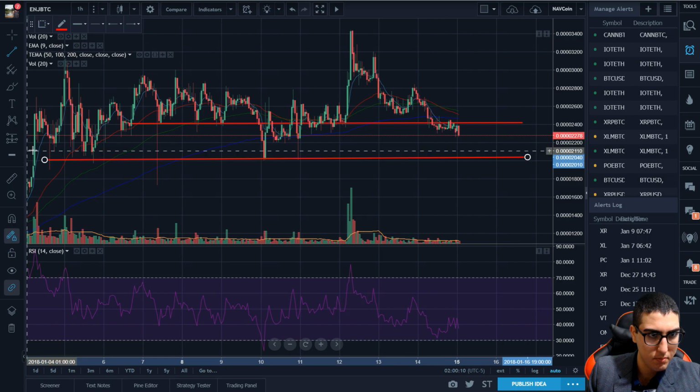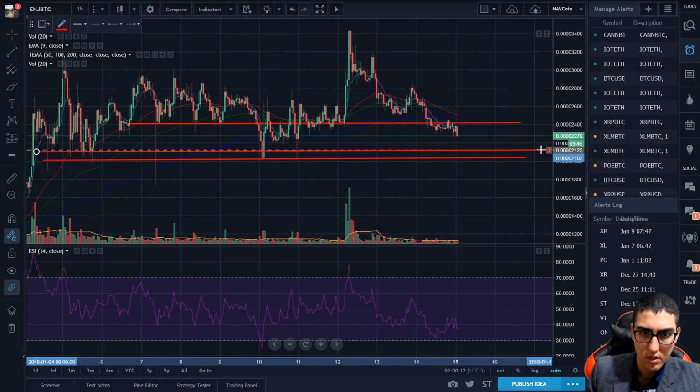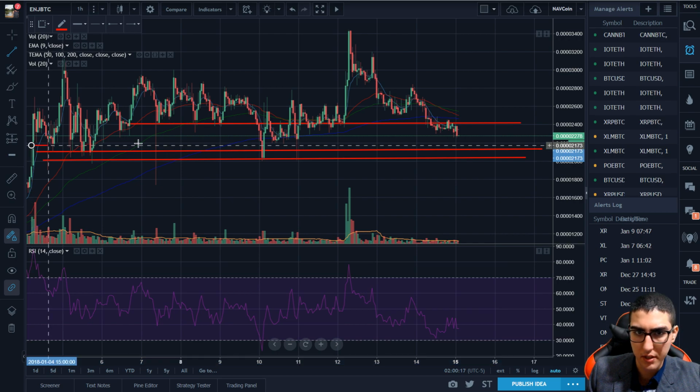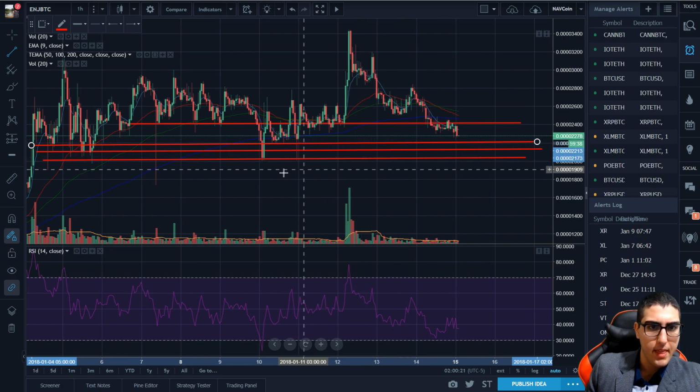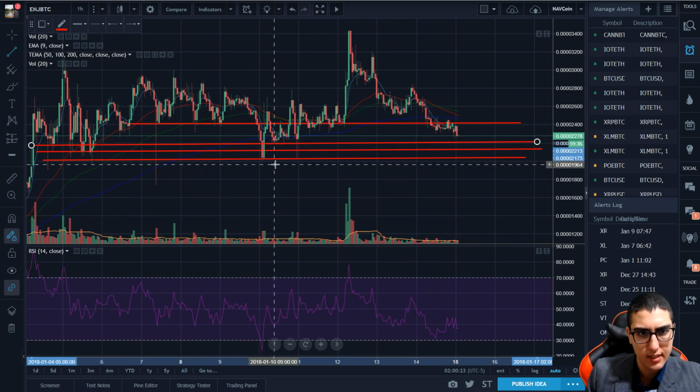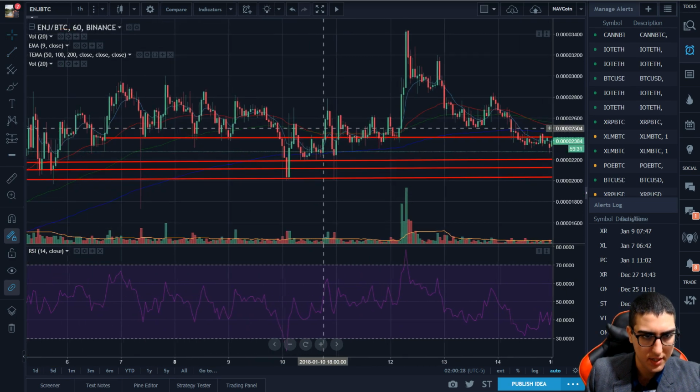many different spikes here, and it's another support level. We got another support level right here around 2,173 satoshis. Now these are a little bit less of an indicator in my opinion because they're not as consistent.